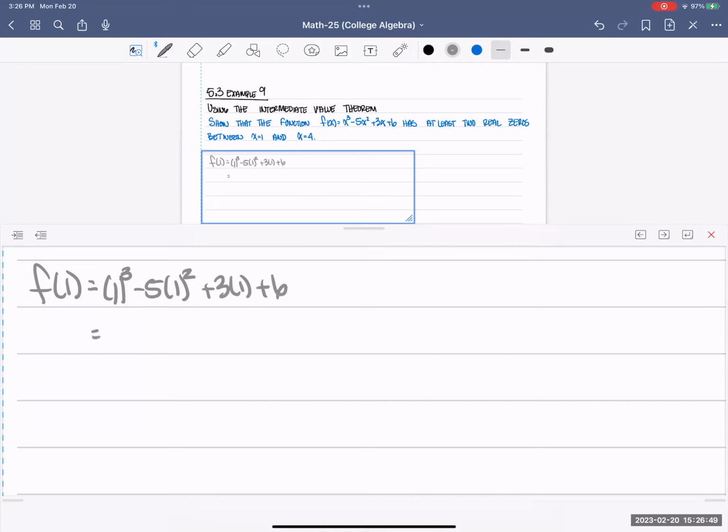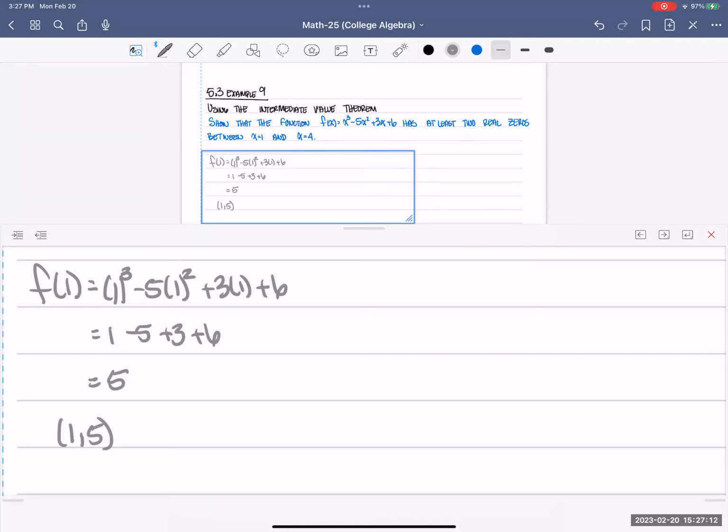So we have 1 cubed is 1, minus 5 plus 3 plus 6. So that's negative 4 and negative 1 and 5. So we have the point 1 comma 5.